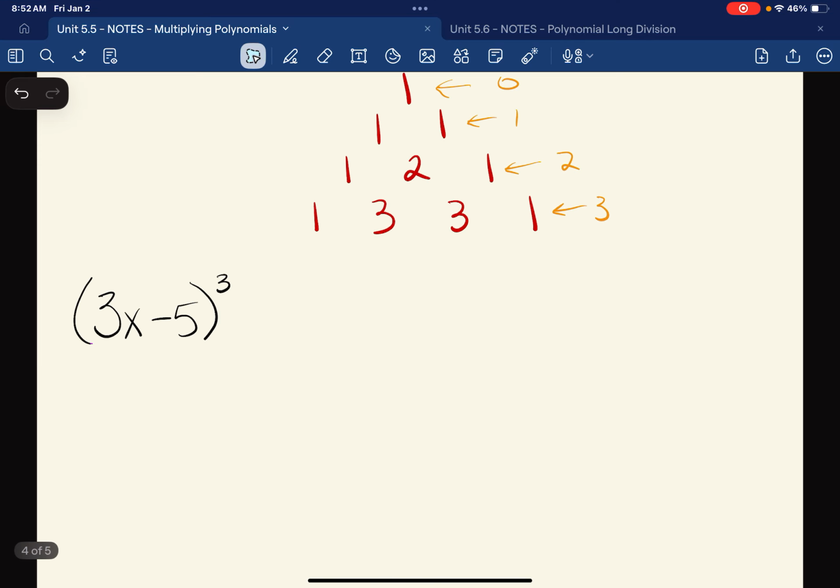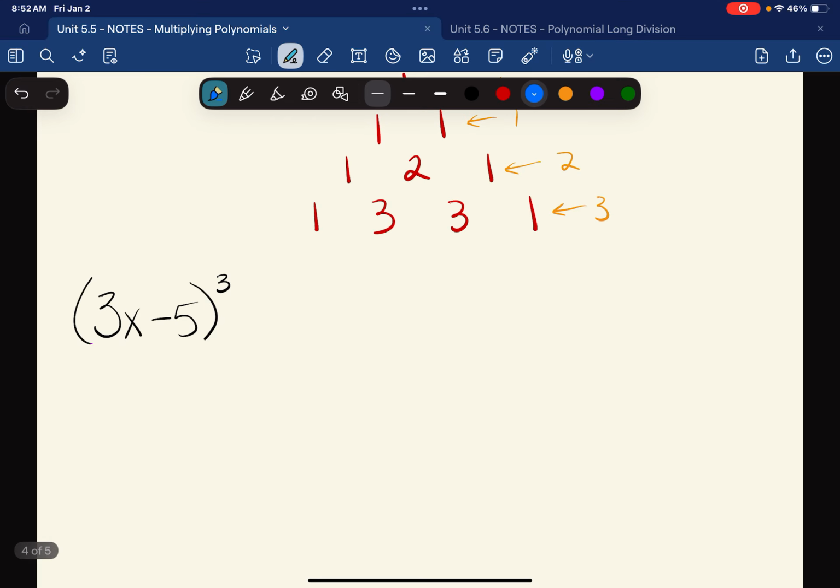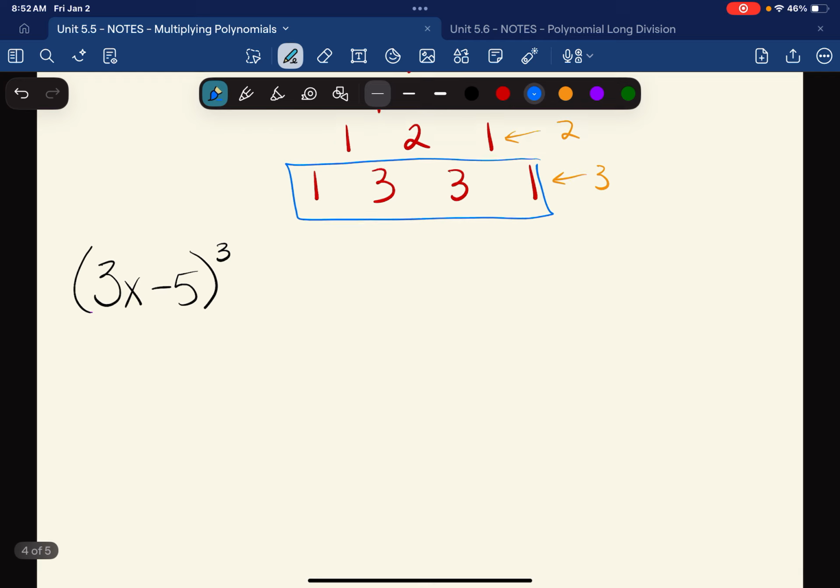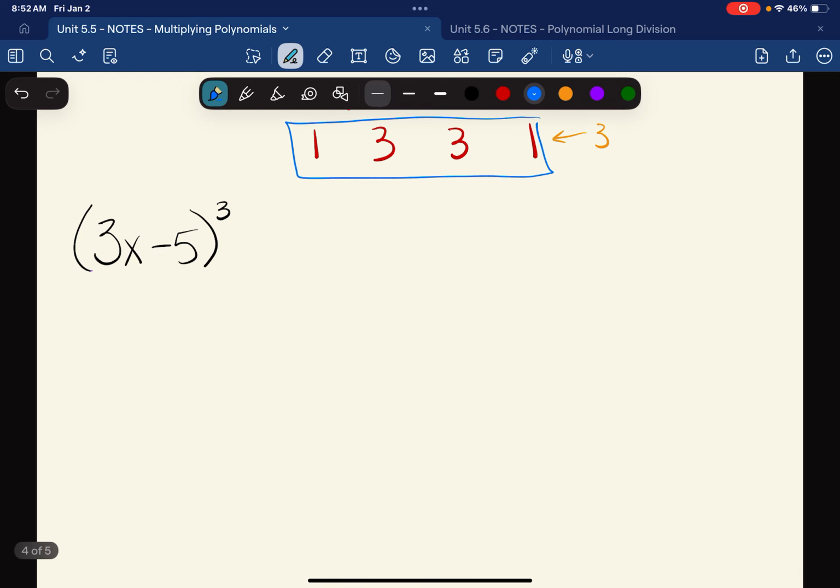So let's go ahead and box in the row that we need, this 1, 3, 3, 1. So let's use those as our coefficients. So I've got 1, and some more, plus 3, the rest of my term, plus 3, plus 1. Okay, so here we go.